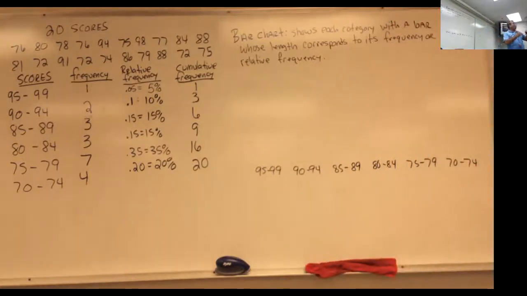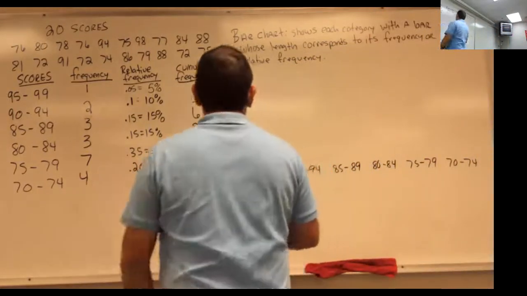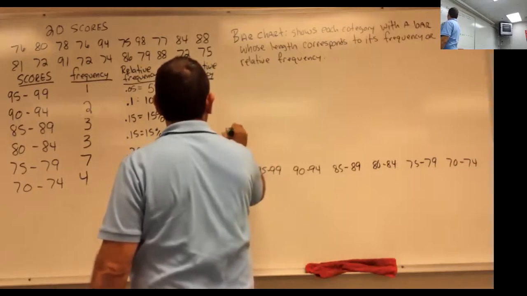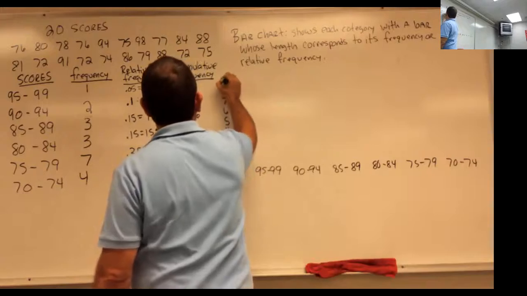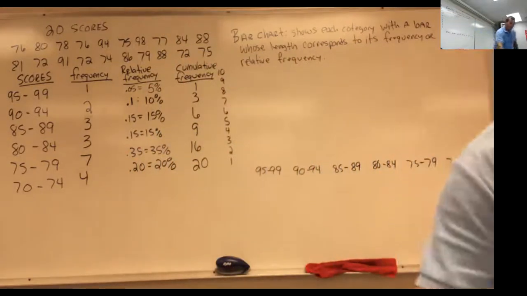So it would use a bar to show the frequencies. Notice the highest frequency I had was a 7. So over here I would have 1, 2, 3, 4, 5, 6, 7, 8, 9. I might go to 10 on that, okay?